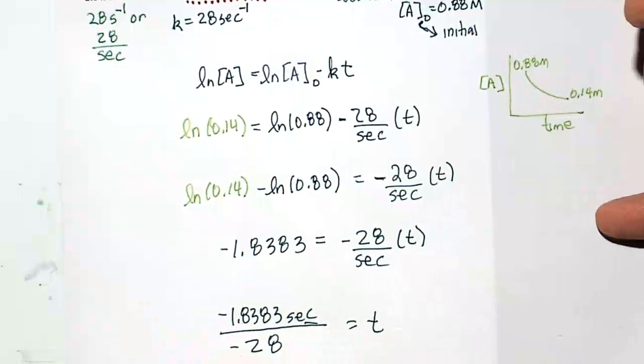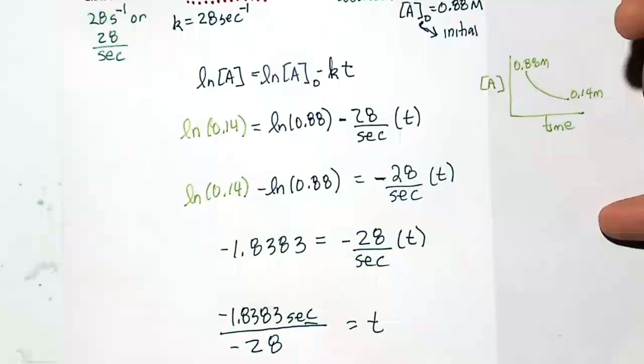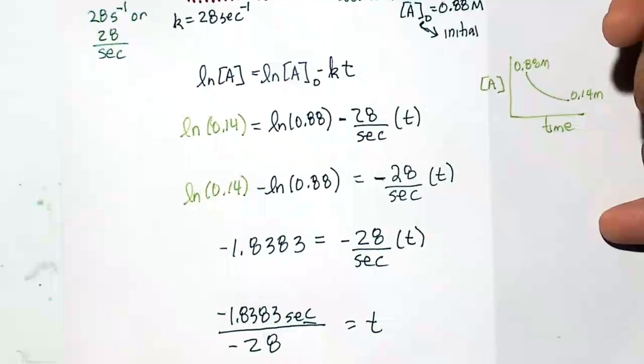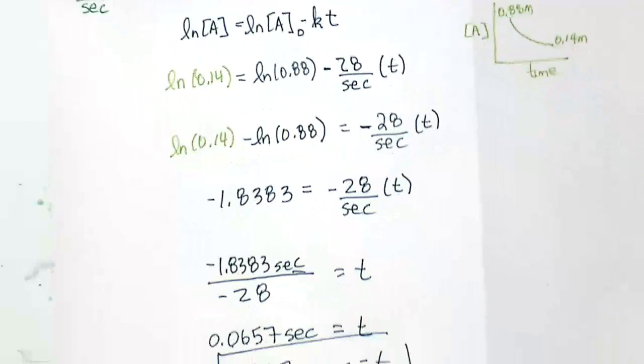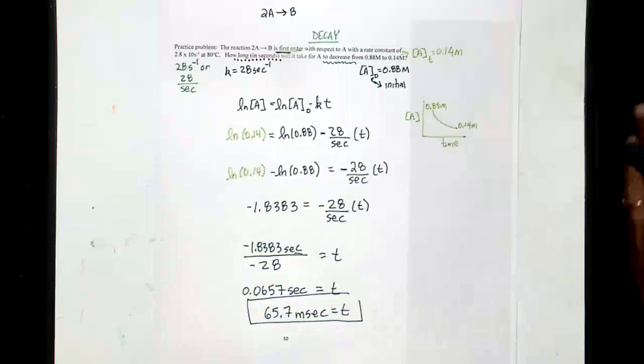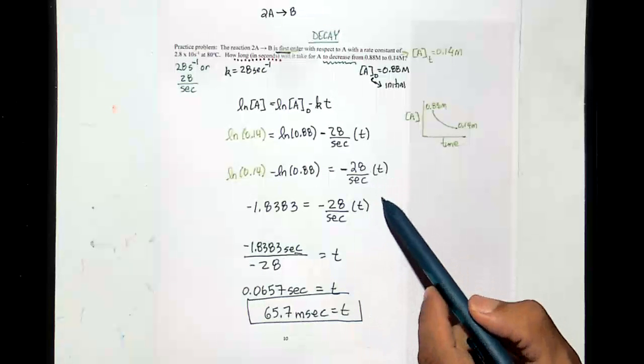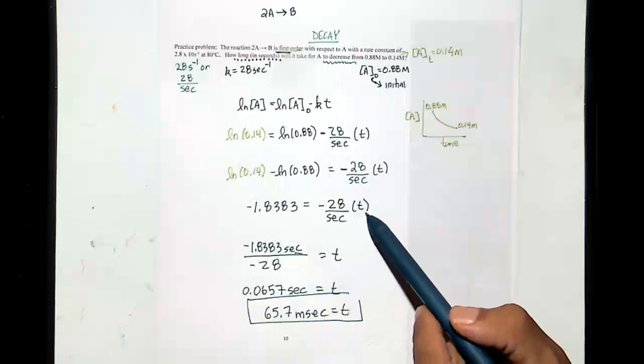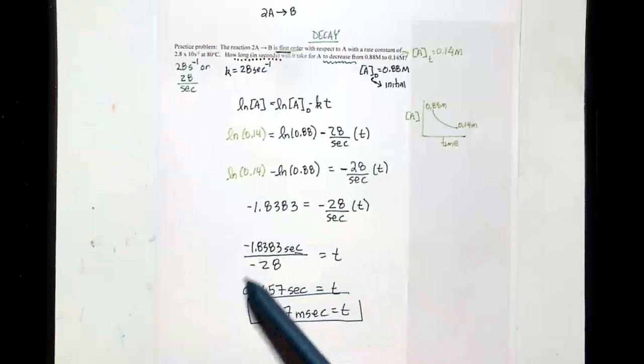So this is the right answer. You can multiply it by 1,000 to get 65.7 milliseconds. So this is how long it's going to take. I did a cross multiplication to isolate t.